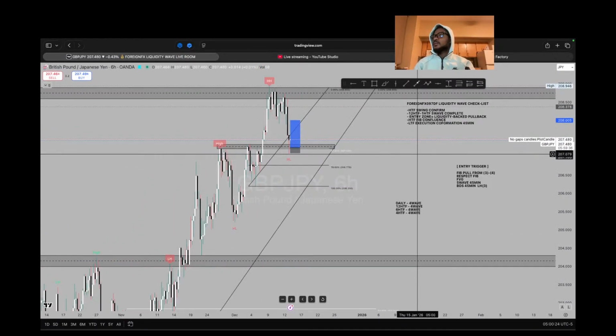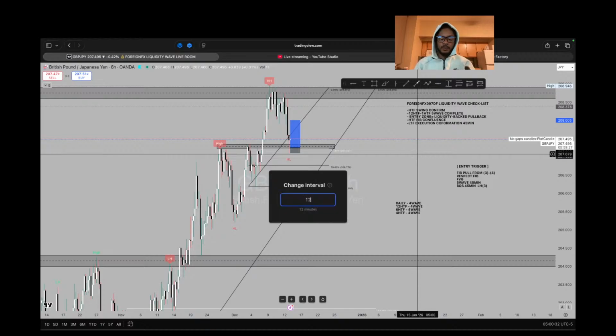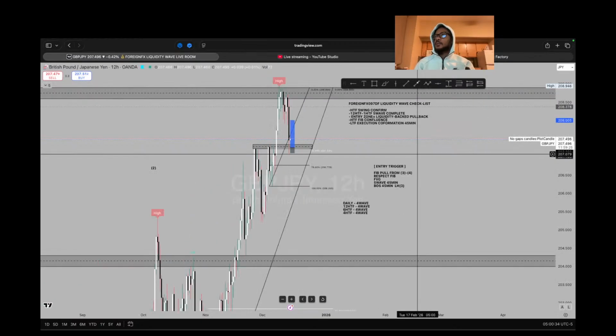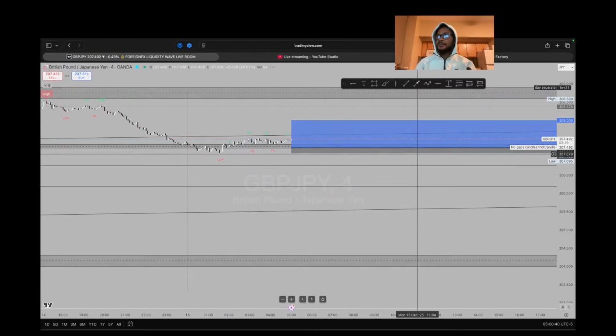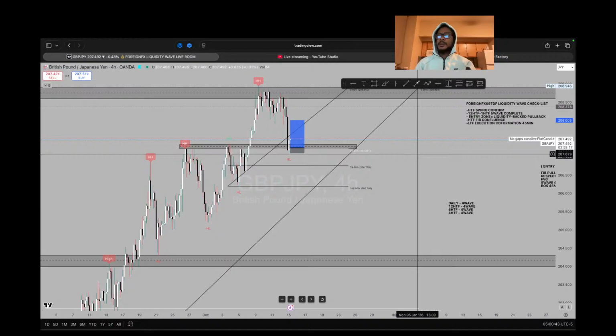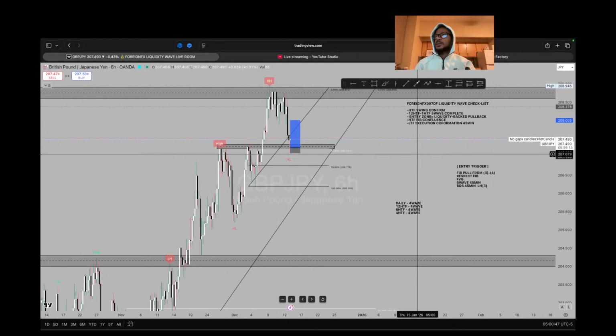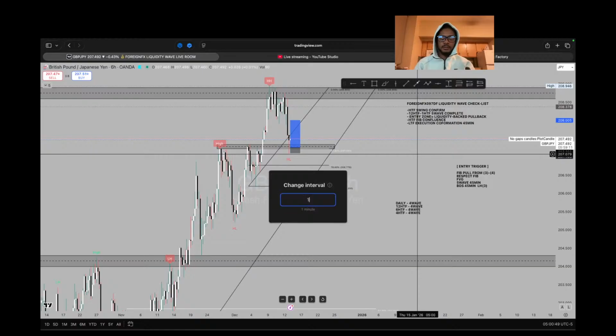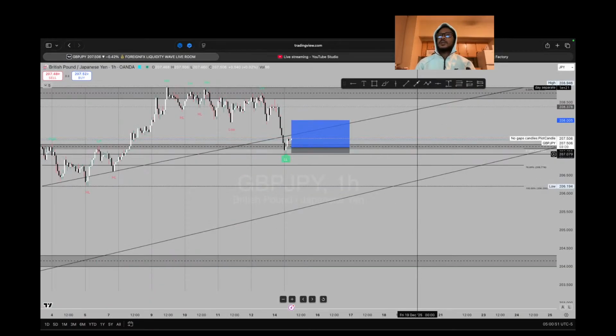6-hour, new 6-hour close. Probably would like a retest. 12-hour, 11 more hours. So I'm gonna use 4-hour, 6-hour, 1 hour.